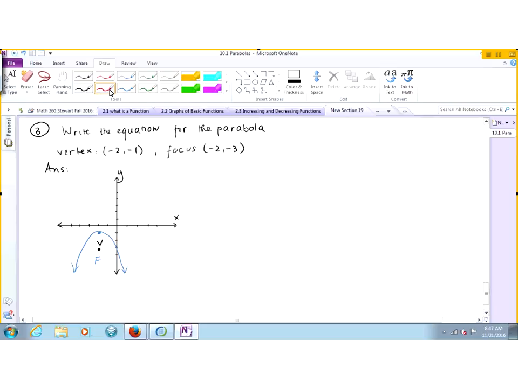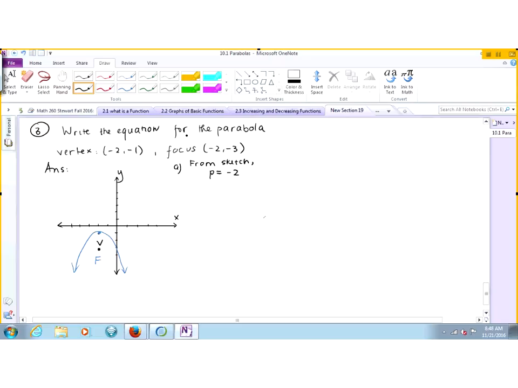So what do we know given the vertex and the focus? P, yes. So P is equal to -2. This is from your sketch. And is this horizontal or vertical?